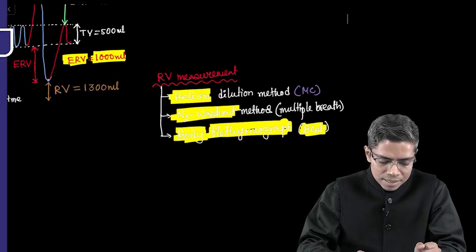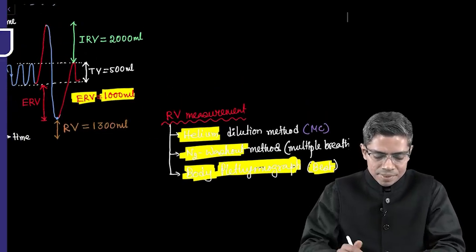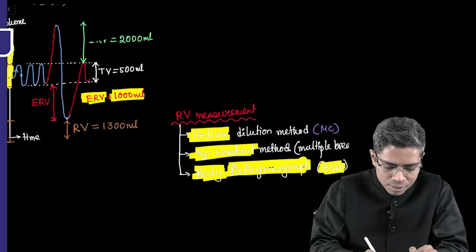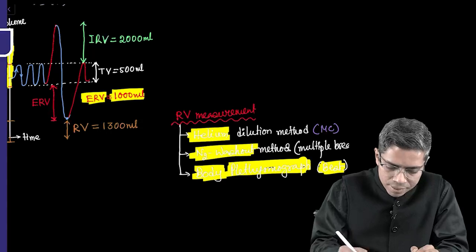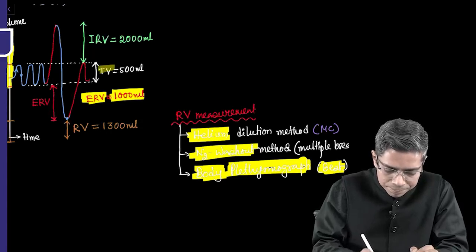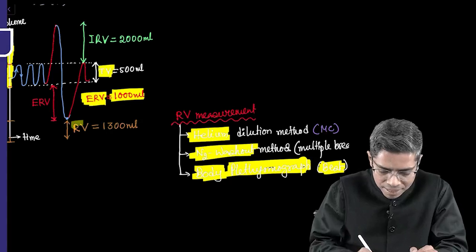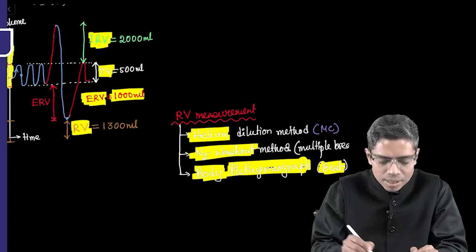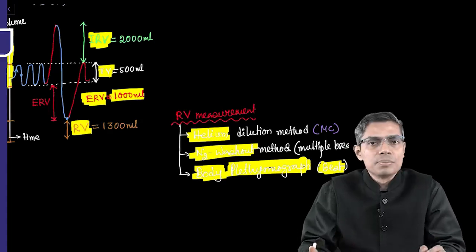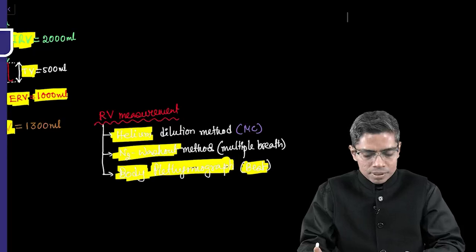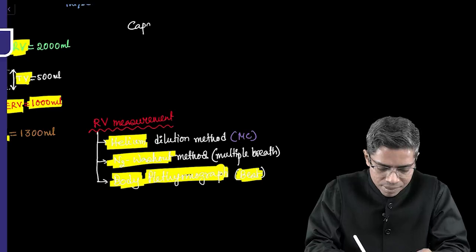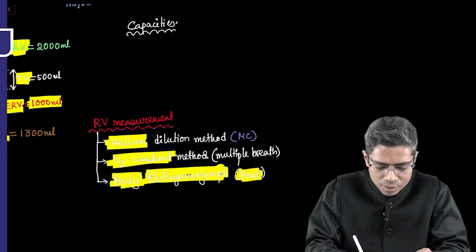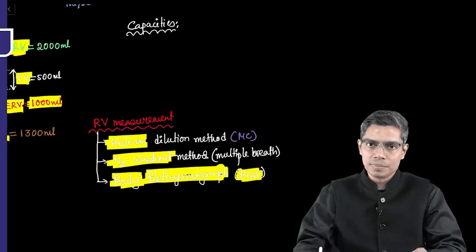So now these 4 lung volumes, this IRV, then your TV, then your ERV and this residual volume, these are nothing but static lung volumes. Now all of you know that lung capacities are nothing but a combination of multiple lung volumes.